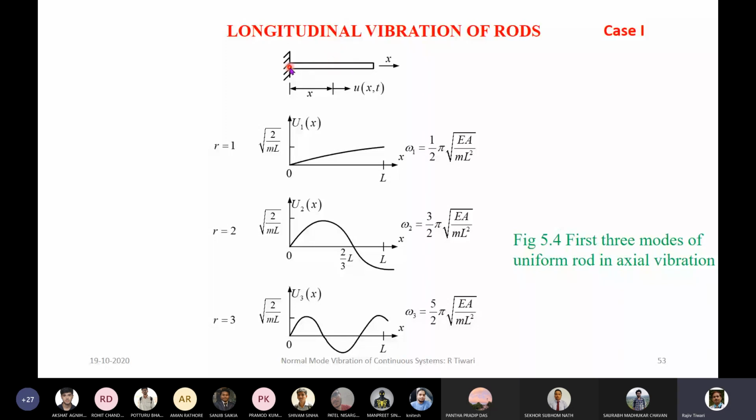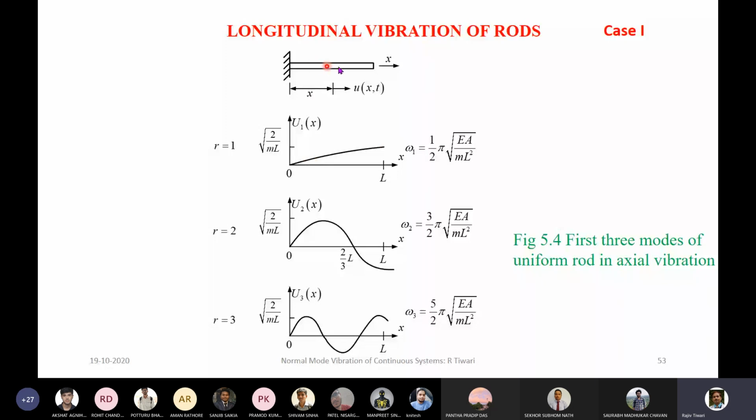This end is fixed, so the displacement will be 0 there. But as we go along, every point will have motion in the x direction, a to and fro motion. So at the free end, we can expect the displacement to be cumulative, and the maximum displacement will be here.